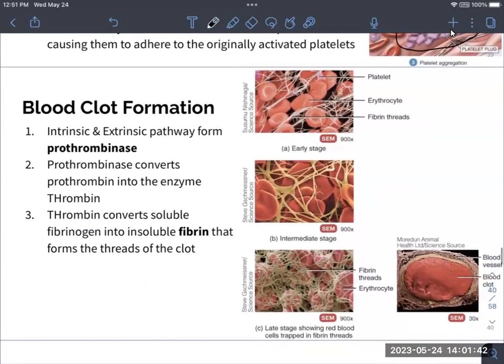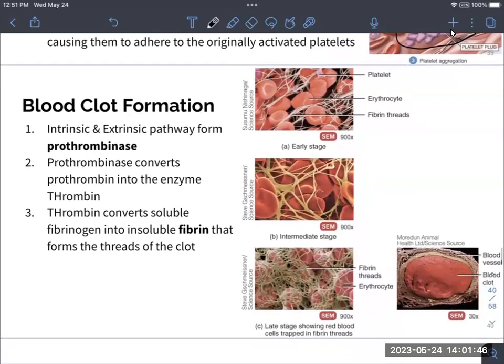We can also form blood clots. There's two different pathways. There's an intrinsic and an extrinsic pathway. They both form this prothrombinase. This prothrombinase takes prothrombin into the enzyme thrombin.